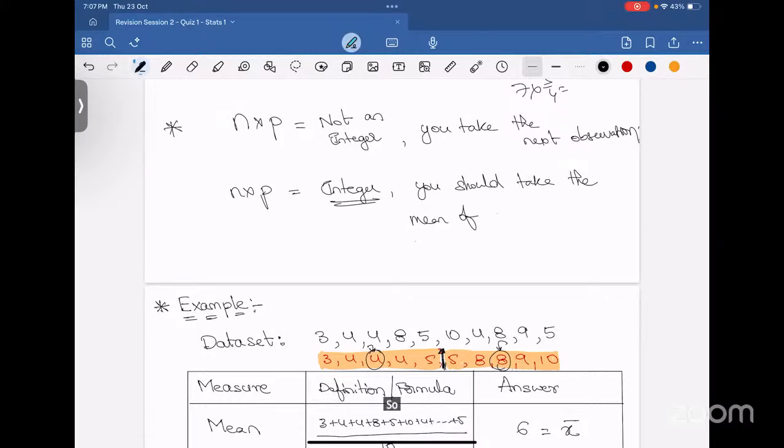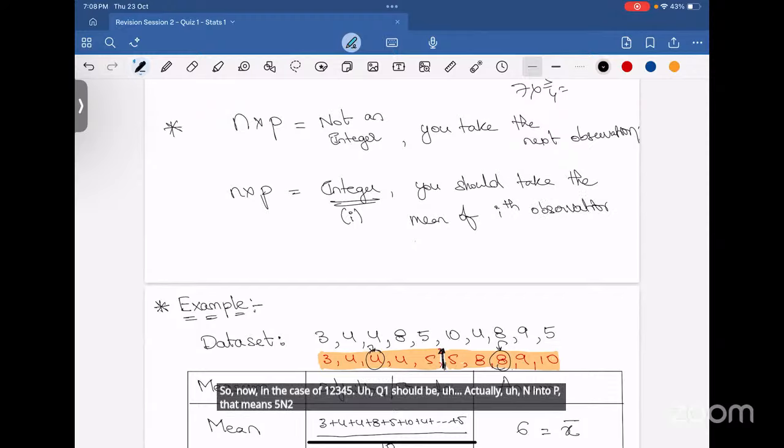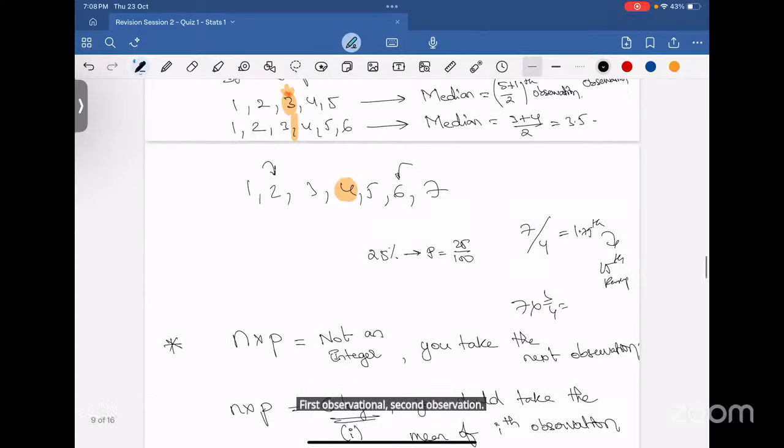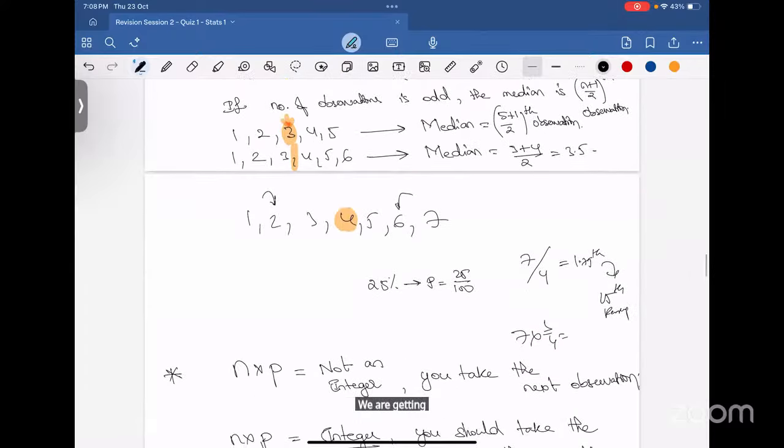So now in the case of 1, 2, 3, 4, 5, Q1 should be n into p, that means 5 into 1 by 4. That will get us 1.25. That means you have to take the first observation or the second observation? That I'm asking. We are getting how much? 1.25.